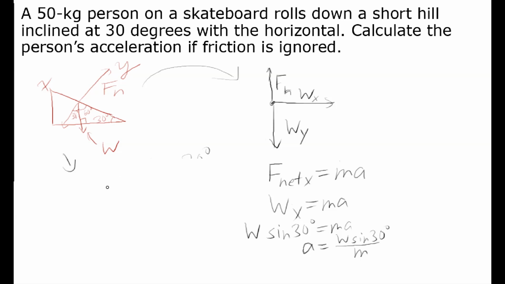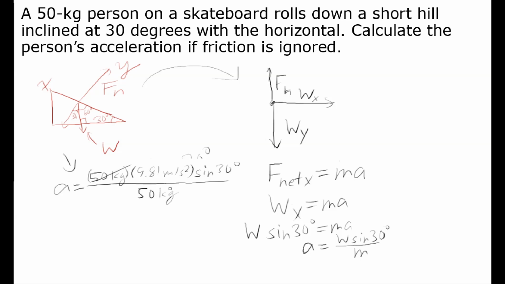So a equals, the weight is mass times the gravitational constant, so 50 kilograms times 9.81 meters per second squared, times sine 30 degrees, all over 50 kilograms.